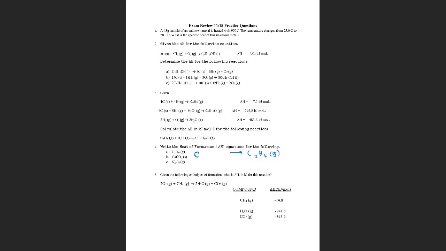And what's the standard state for carbon? Yeah, carbon's going to be a solid. And then what about hydrogen? What's the standard state? Yeah, it's going to be a gas, and yeah, H2.